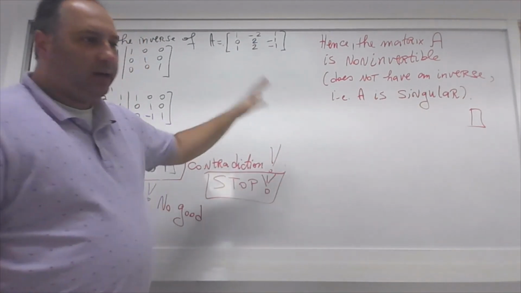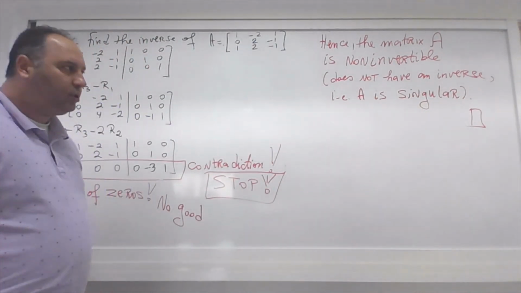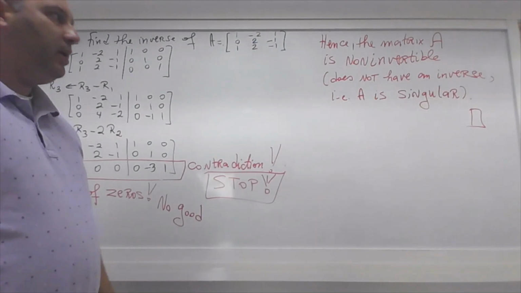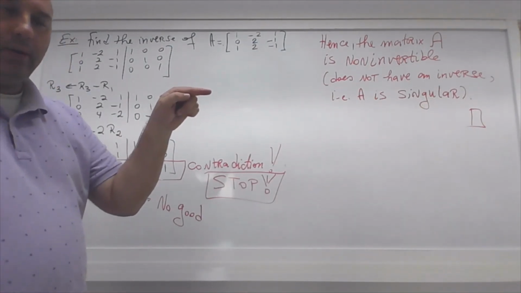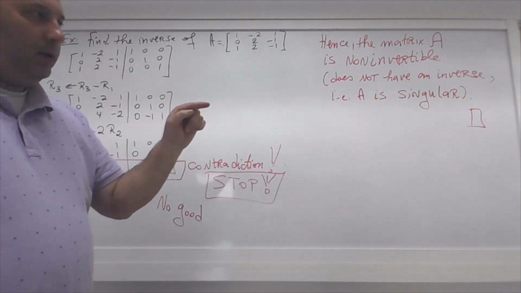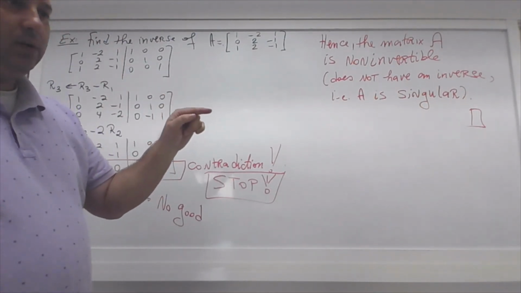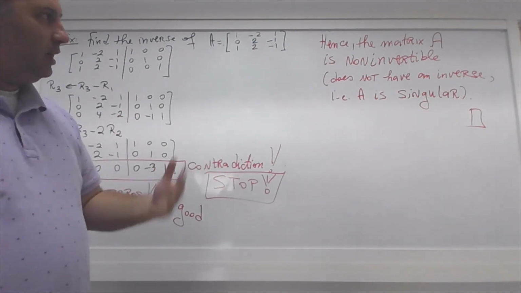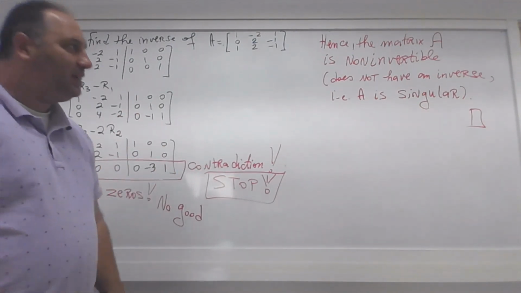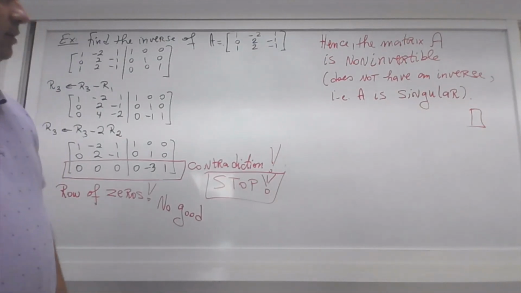By the end, either I have the identity matrix as a reduced echelon form, or my reduced echelon form has a row of zeros. If my reduced echelon form has a row of zeros, my matrix is not invertible. And on the other hand, if the reduced echelon form is identity, then the matrix is invertible.